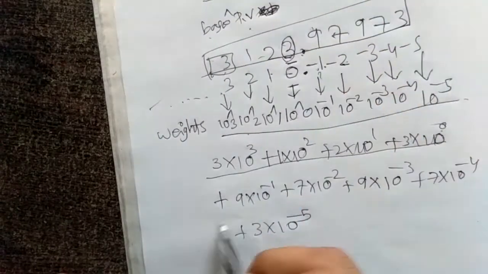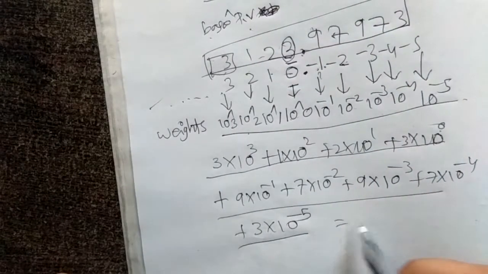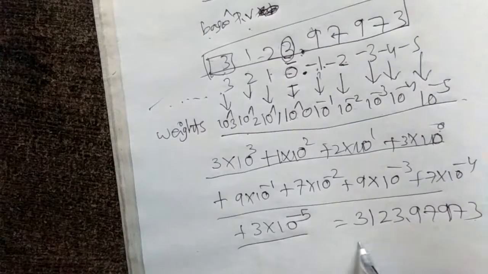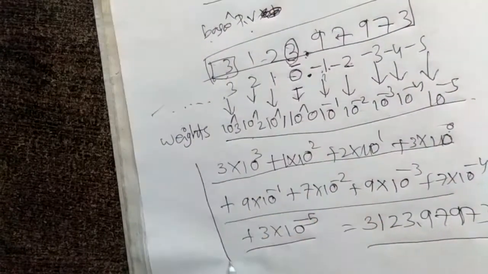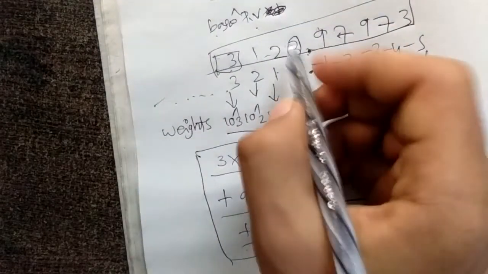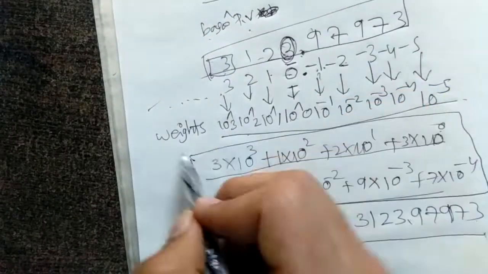If you calculate all this and add it, you are going to finally get 3123.97973. This is the final answer. This is the way you calculate the given number by having your face values multiplied with your weights.